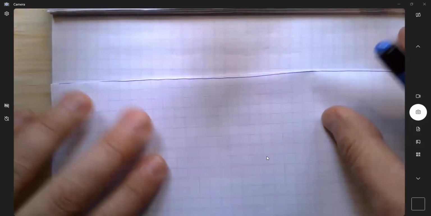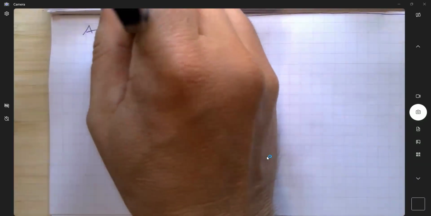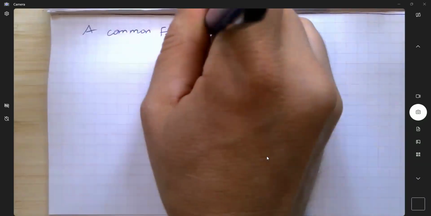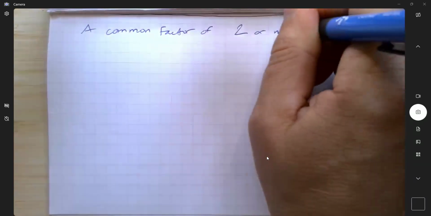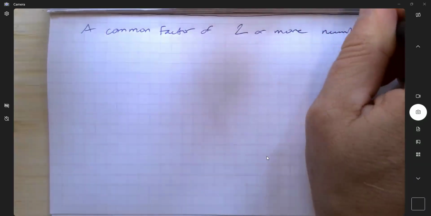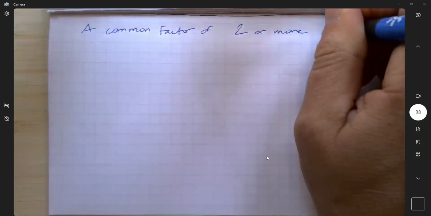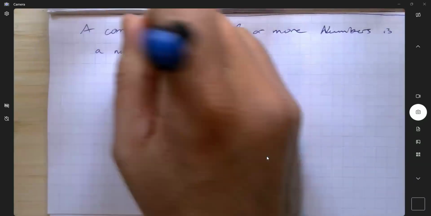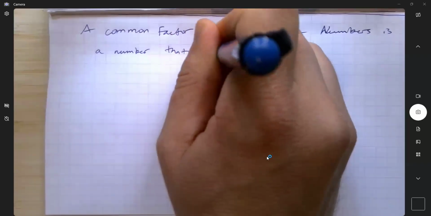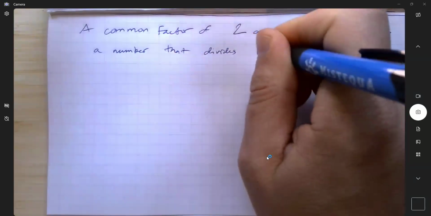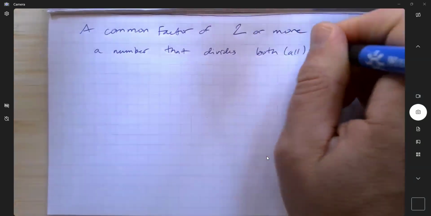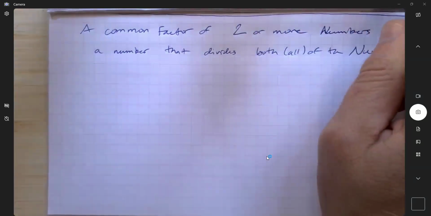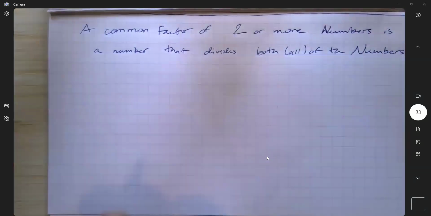So how do you know if you have a common factor? Well, a common factor of 2 or more numbers, let's make that capital numbers, is a number that divides both or all of the capital numbers.